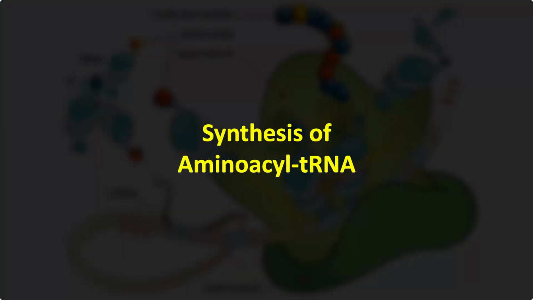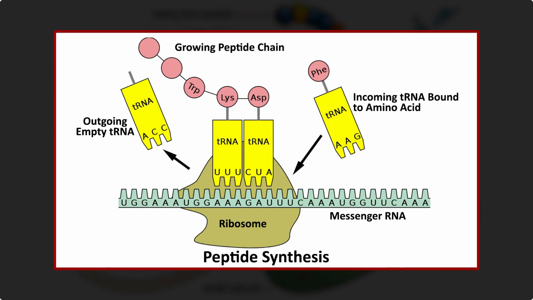Dear students, let's now discuss the synthesis of aminoacyl tRNA. Synthesis of aminoacyl tRNAs is crucially important for two reasons. Each amino acid must be covalently linked to a tRNA molecule in order to take part in protein synthesis, which depends upon the adapter function of tRNA to ensure that the correct amino acids are incorporated.